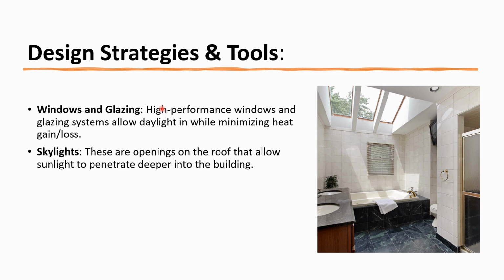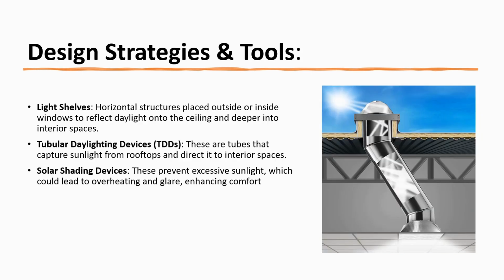We can also use a skylight. These are openings on the roof that allow sunlight to penetrate deeper into the building. And also we can use a light shelf, which is a horizontal structure placed outside or inside windows to reflect daylight onto the ceiling and deeper into interior spaces.